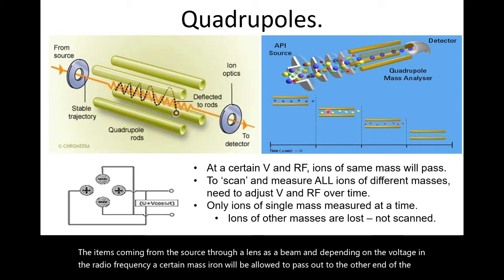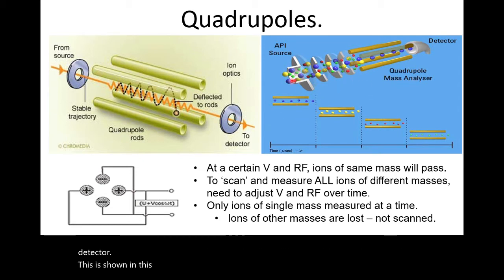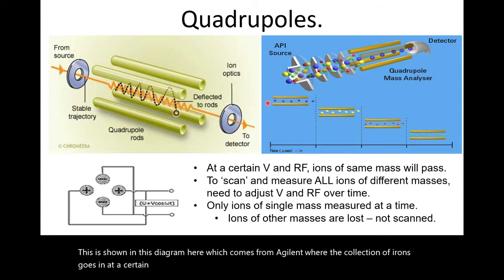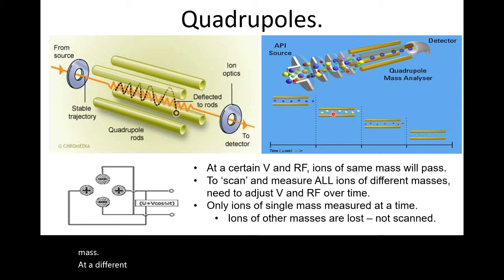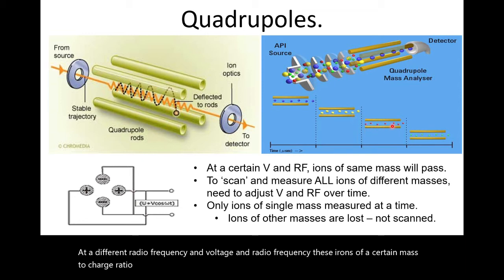This is shown in this diagram here, which comes from Agilent, where the collection of ions goes in at a certain voltage and radio frequency. Only the blue ions of a certain mass will pass. At a different voltage and radio frequency, ions of a certain mass to charge ratio will pass, and so on and so forth.